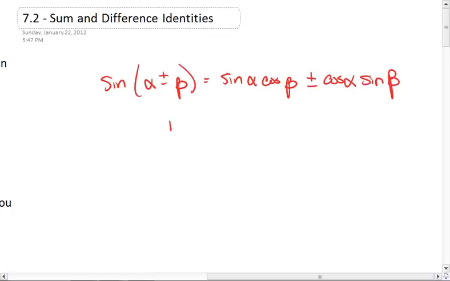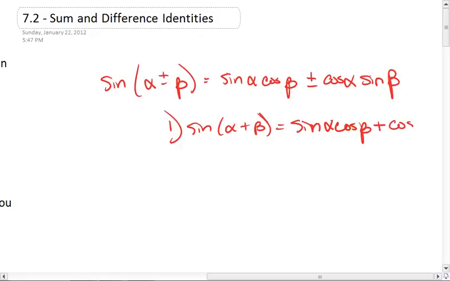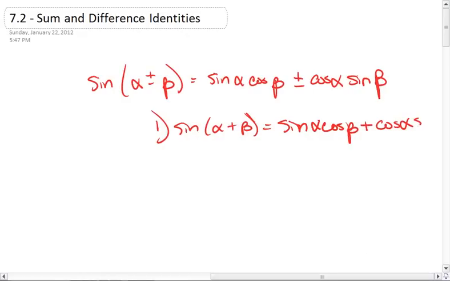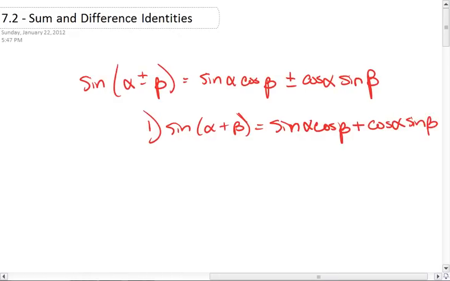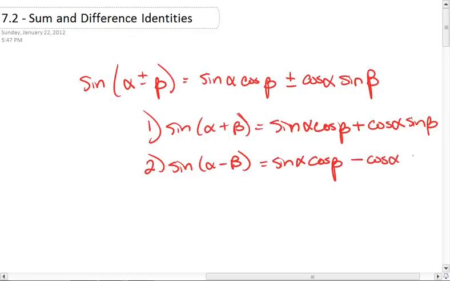What this breaks down into is if we have sine of alpha plus beta, we can rewrite this as sine alpha cosine beta plus cosine alpha sine beta. Or if we have sine of alpha minus beta, we can rewrite this as sine alpha cosine beta minus cosine alpha sine beta. The only thing that's different is if we add our angles, we add the two terms. If we subtract here, we subtract.